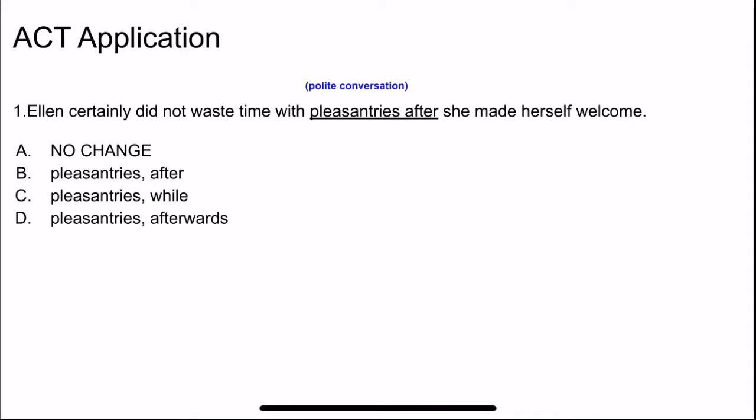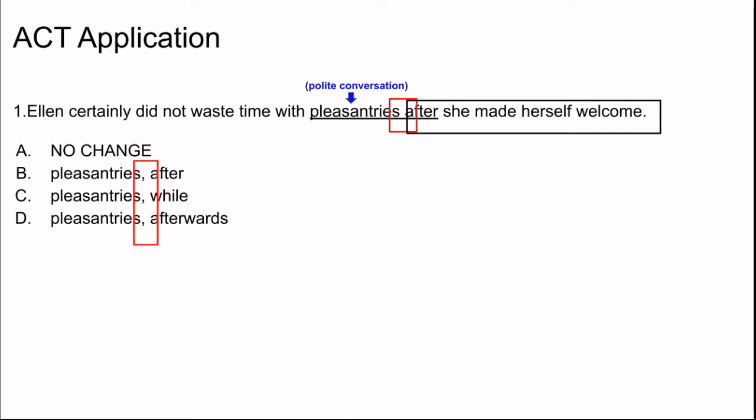Okay, if we look at the part pleasantries after, we're looking for the error, and pleasantries means polite conversation. Okay, you have 2 choices. You have comma to choose in between the 2 words or no comma. That's what I notice right off. Okay, so you've got to decide, what is this in the box? Well, that's a dependent clause.